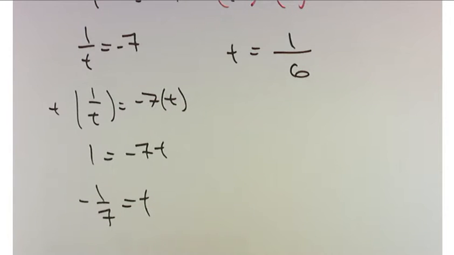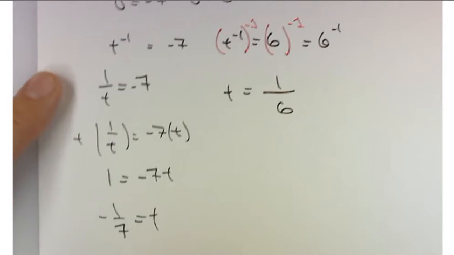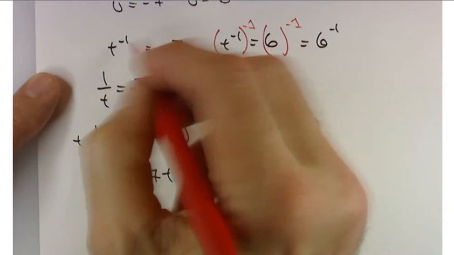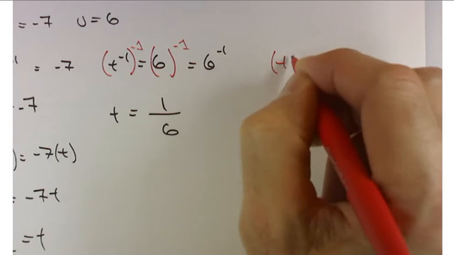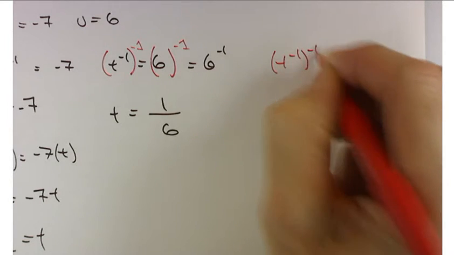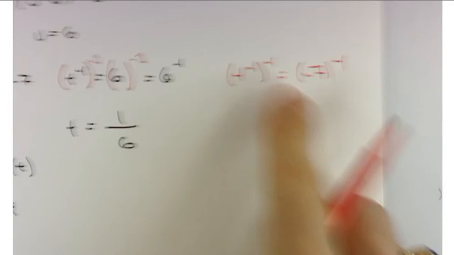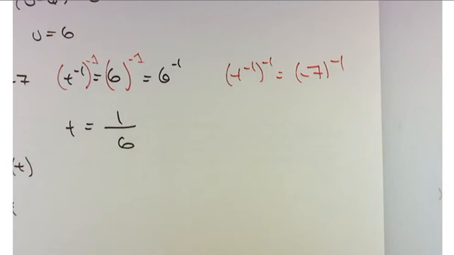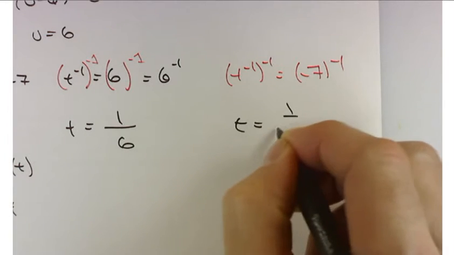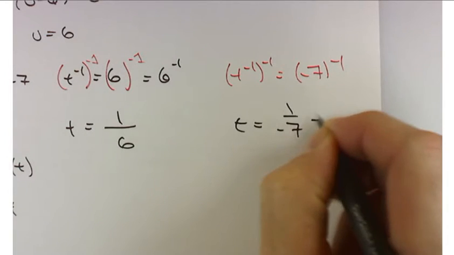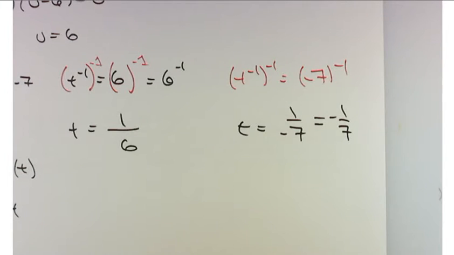But, boy, I think it's a lot easier to just say, all right, let's just raise both sides to the reciprocal power. T to the negative 1 to the negative 1. The reciprocal there is going to be t equals negative 1/7. It's really nice and fast when you raise both sides to the reciprocal power.